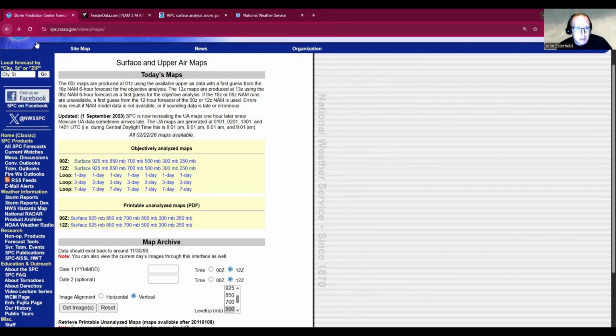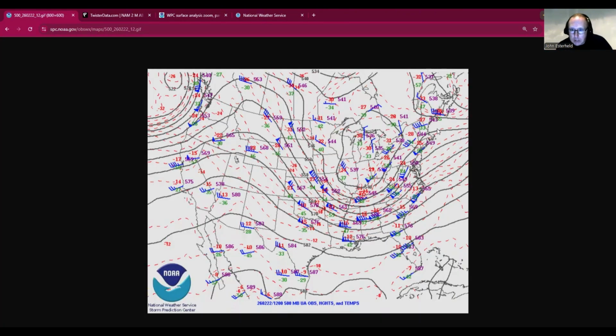So the next map we're going to take a look at is the 500 millibar map. Now what you can see here is the very strong flow coming around the base of the trough, a very subtle ridge, maybe more zonal right here, and weaker flow coming out. You can see that it's already closed. So you have a closed contour height here for 500 millibars, and I'll cover heights in some educational videos in the future, but just know that this is a really strong 500 millibar low.